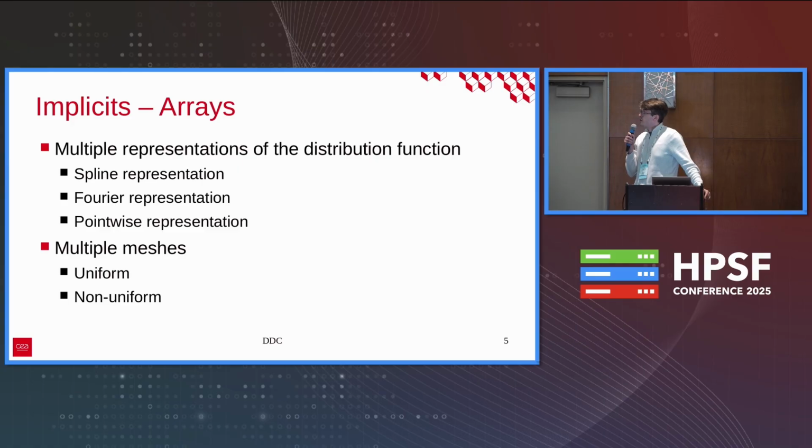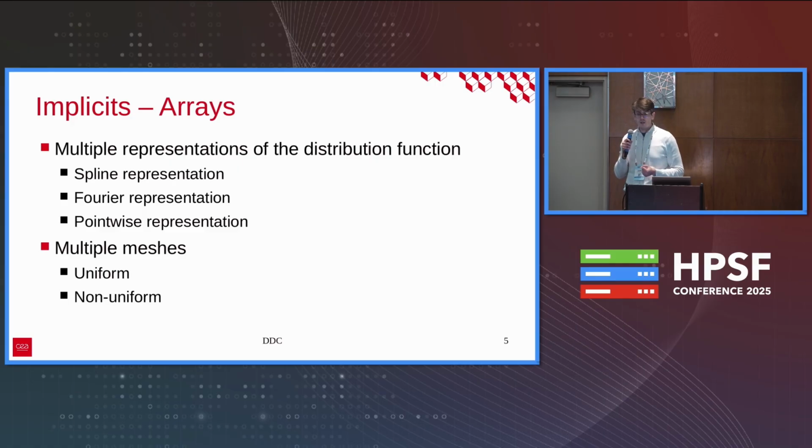The distribution function can sometimes, depending on the stage of the numerical scheme, have a spline representation, meaning that we store in the array spline coefficients that represent coefficients on a spline basis, that is a polynomial basis. Otherwise, there is the Fourier representation, where they store Fourier coefficients, or otherwise a pointwise representation of the distribution function.